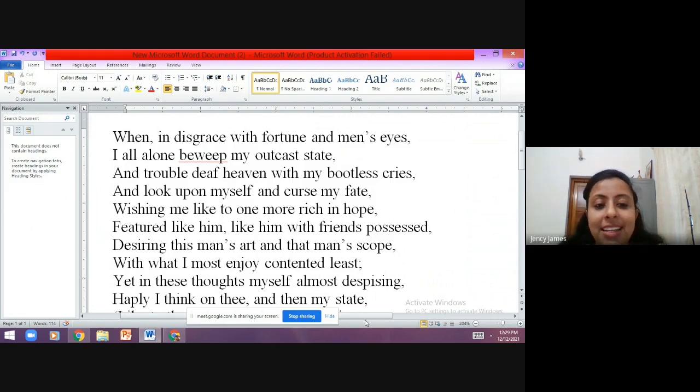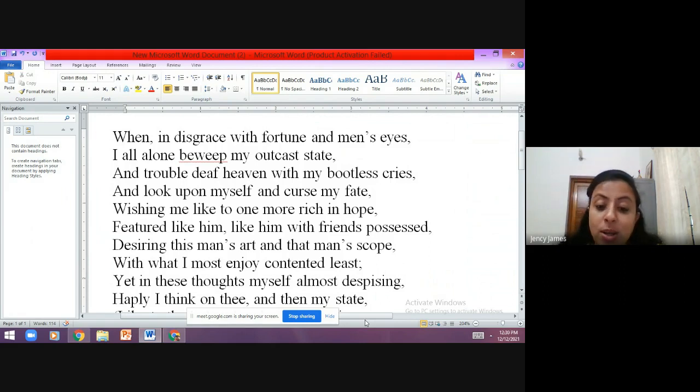When in disgrace with fortune and men's eyes, I all alone beweep my outcast state, and trouble deaf heaven with my bootless cries, and look upon myself and curse my fate, wishing me like to one more rich in hope, featured like him, like him with friends possessed, desiring this man's art and that man's scope, with what I most enjoy contented least.